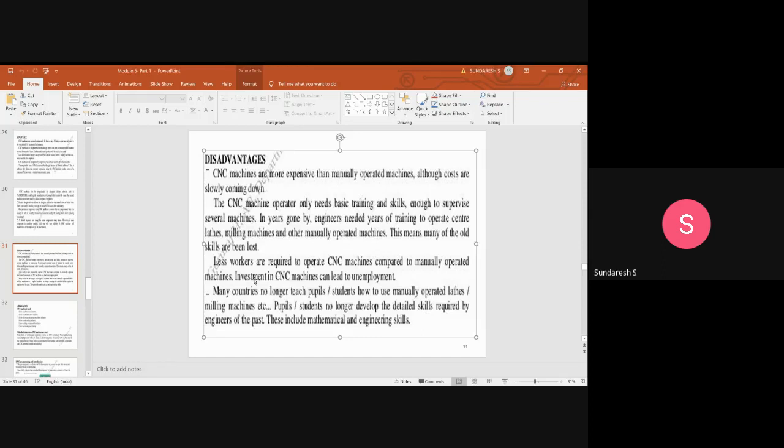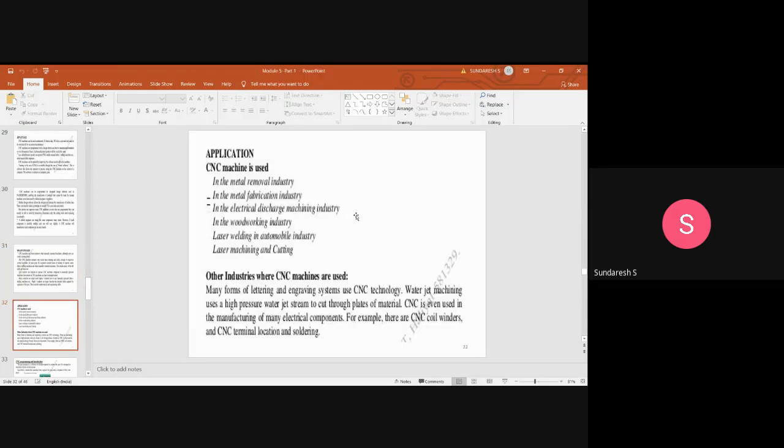The people will start losing their usage of mathematical and engineering skills. That is the major disadvantage.